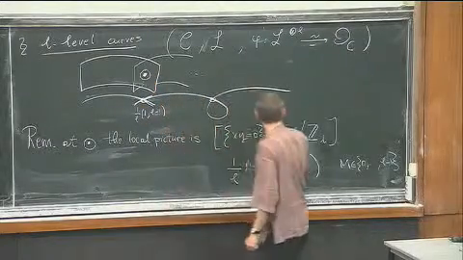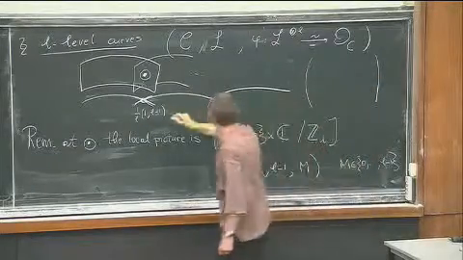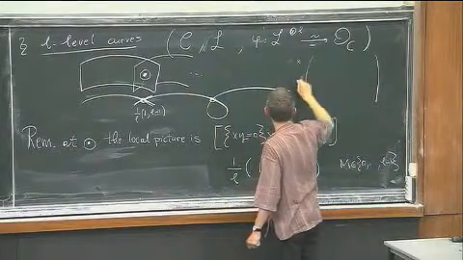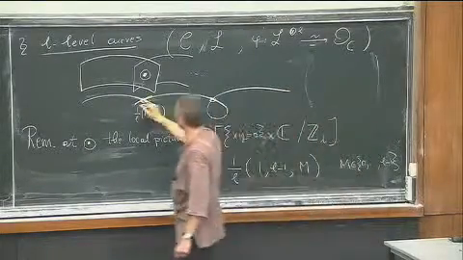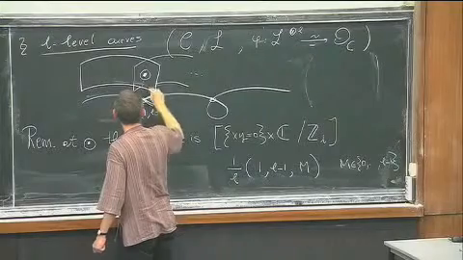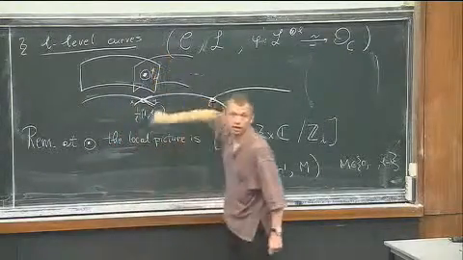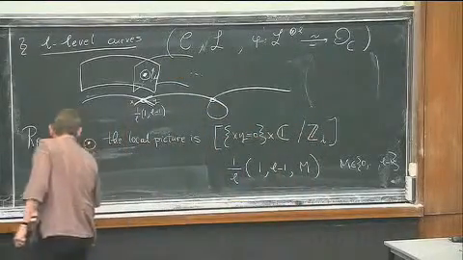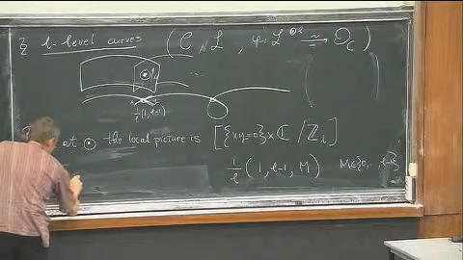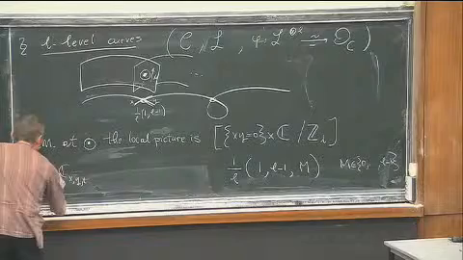So if you don't like this notation, you should consider that this notation stands for the coordinate x, the coordinate y, and the coordinate t. So x, y, and t. T is the coordinate in this direction. And now I'm going to act on this 3-dimensional space parameterized by x, y, and t by ZL.